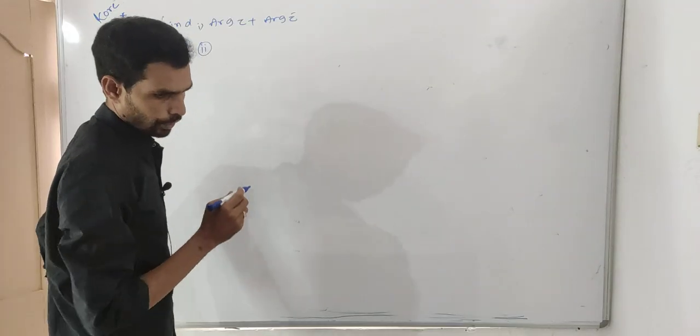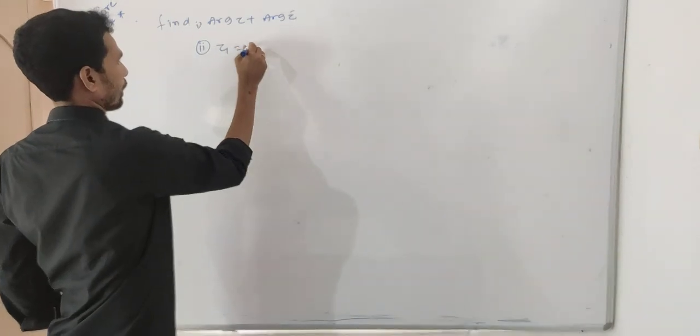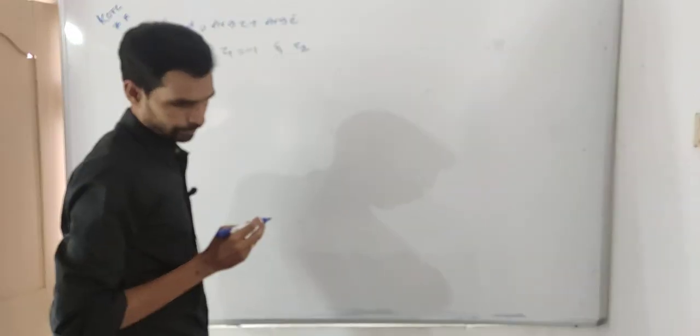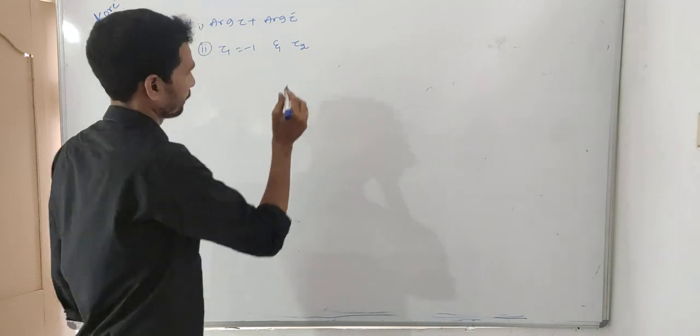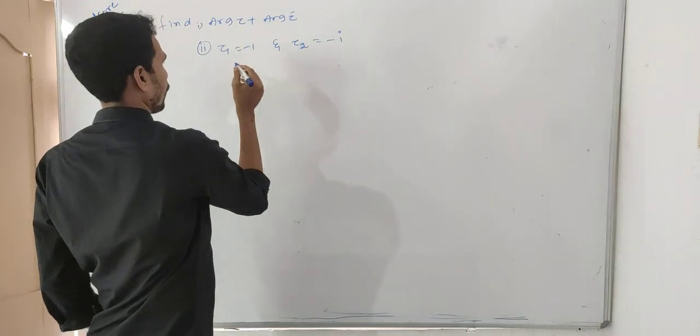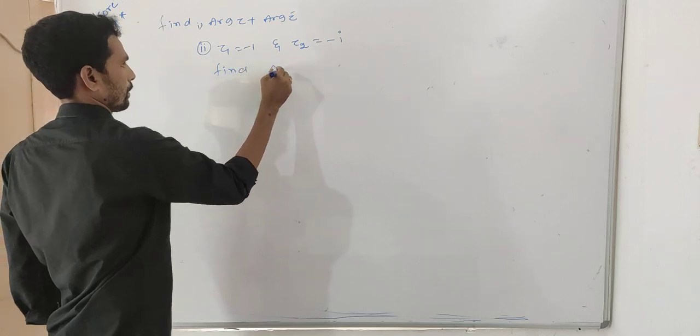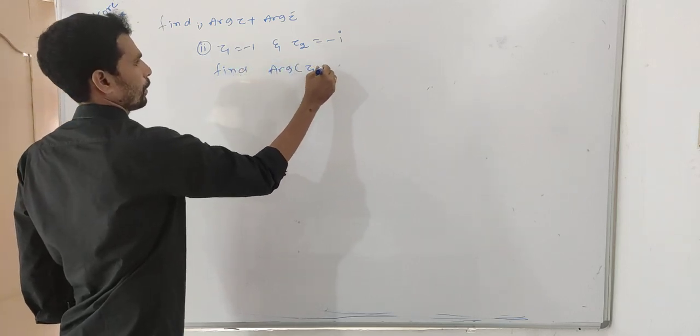z1 is equal to minus 1 and z2 is equal to minus i. Find arg z1 into z2.